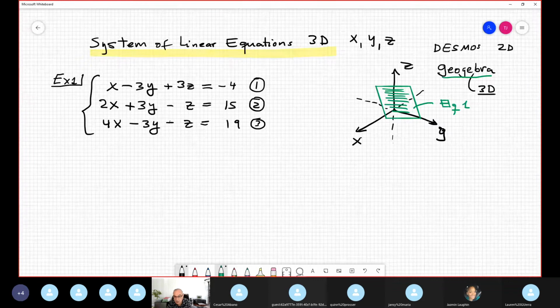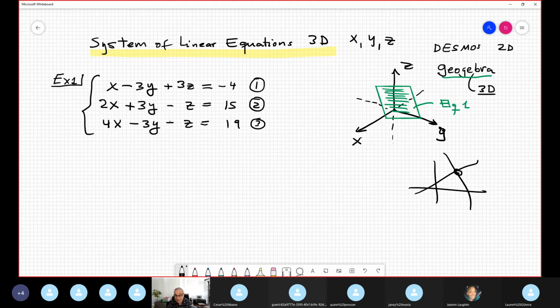Another plane. You see, in 2D it was easy to understand because the equation represents a line. But in 3D, it's more complicated because each equation represents a plane, not a line. It's like a 2-dimension object in a 3-dimension context, and the line is a 1-dimension object in a 2-dimension environment.